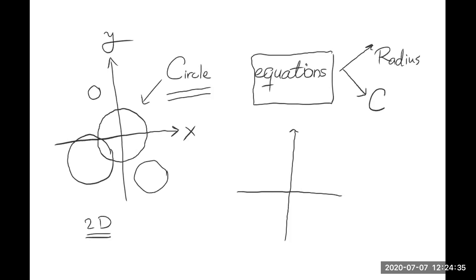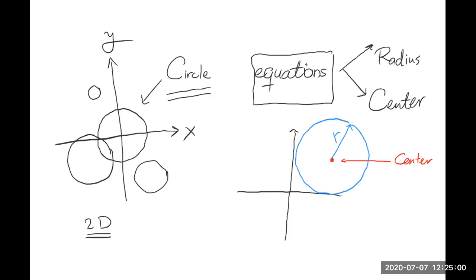And the other one is the center, exactly. So if I know the center of the circle, say the center is here, this is the center, and if I know the radius, r, I can draw the circle, right? That would be the circle.